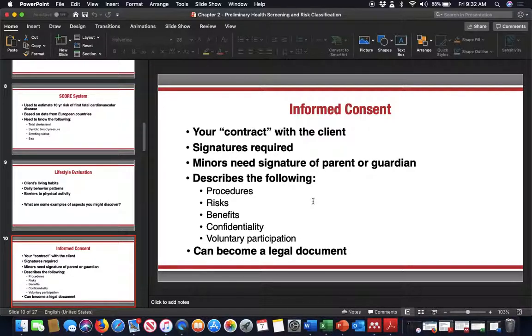So it's really an interesting thing about that versus just generic exercise. But informed consent, again, can be a legal document. Certain facilities require you to sign it, and it's going to be put into a file. If it comes down to it and something happens, it's a way to cover your behind, so that in court you're not going to get yourself into trouble.